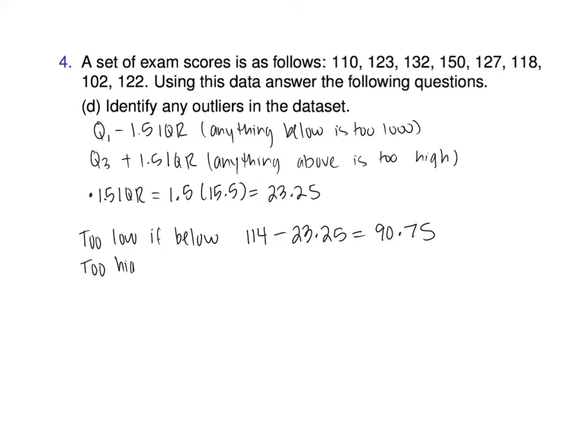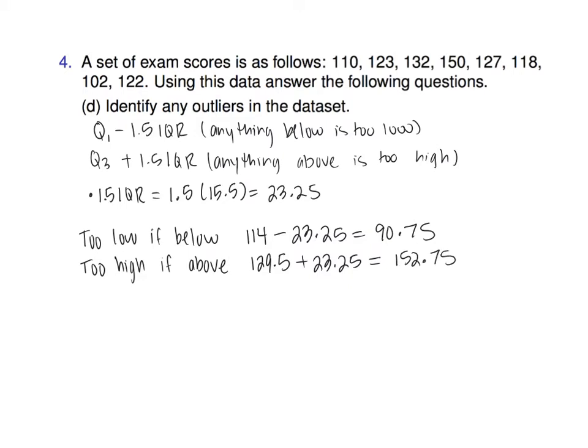You're too high if you're above 129.5, that's quartile 3, plus 23.25. Which is equal to 129.5 plus 23.25, 152.75.